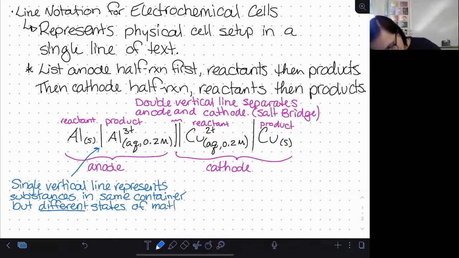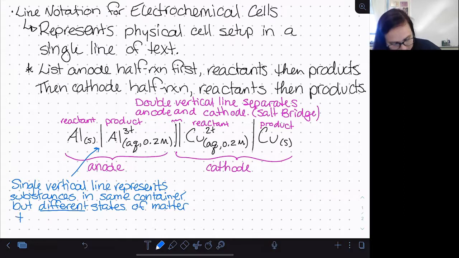These two substances, the aluminum and the aluminum 3+, are both in my anode. They're in the same container, but one of them is a solid and the other one is aqueous, so we divide them with this single vertical line.